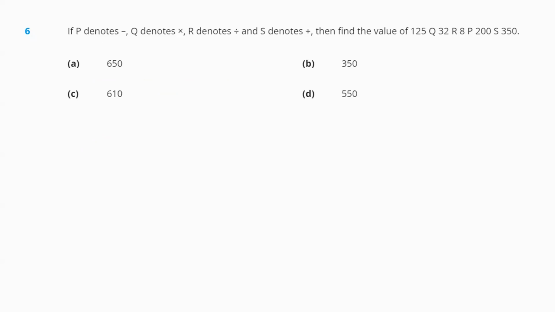If P donate minus, Q donate multiplication, R donate divide, S donate plus, then find the value of 125Q, 32R, 8P, 200S, 350.